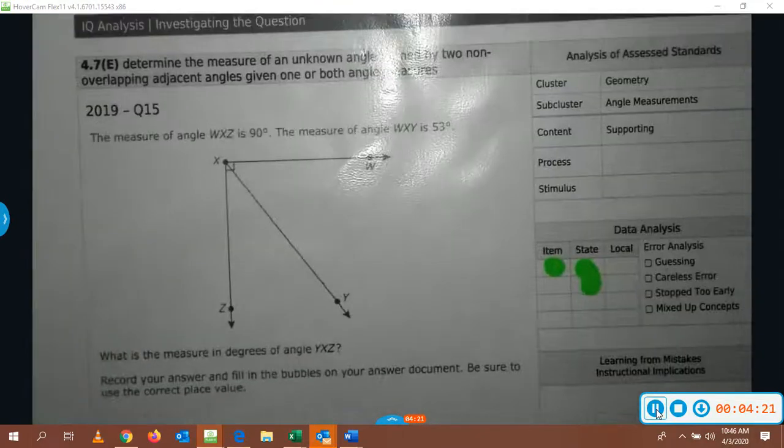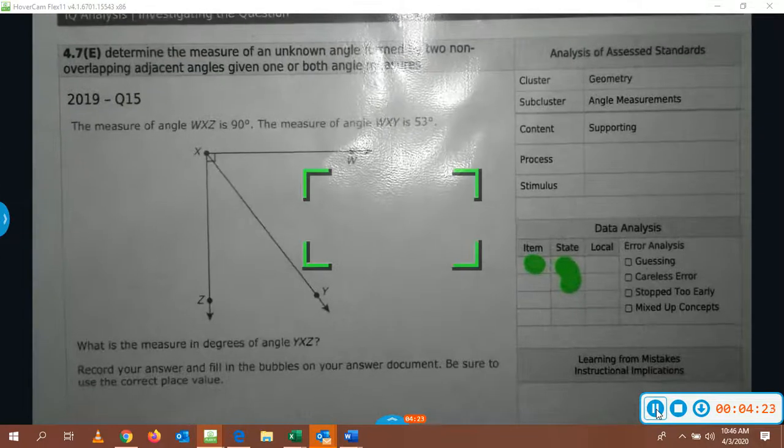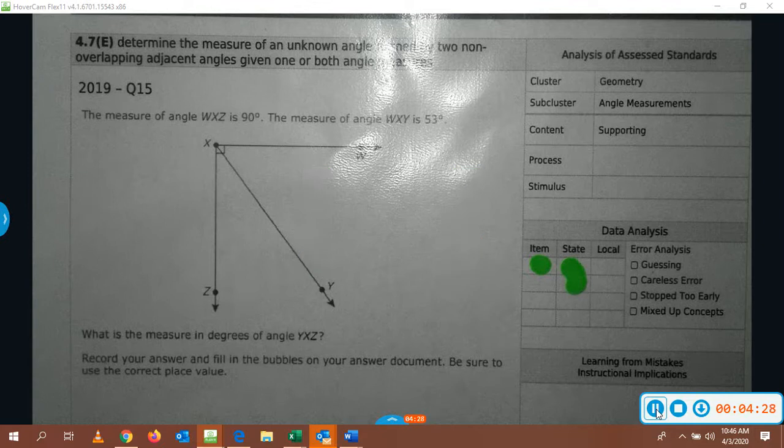The measure of angle WXY is 53 degrees. What is the measure in degrees of angle YXZ? You will record your answers and fill in the bubbles on the answer document. Be sure to use the correct place value. Okay, so we don't have an answer document, so we'll just be writing it on our paper.